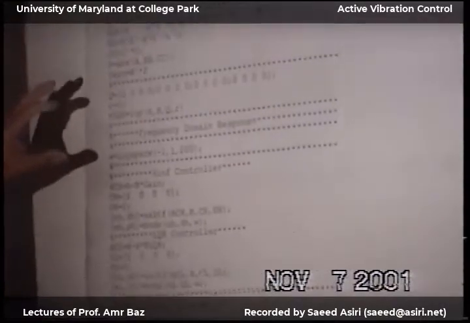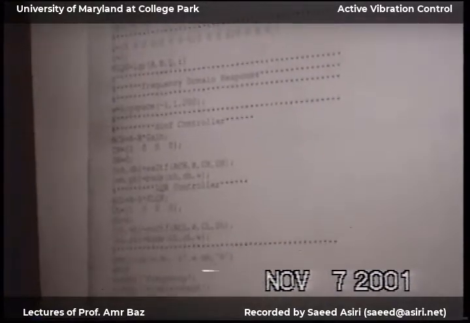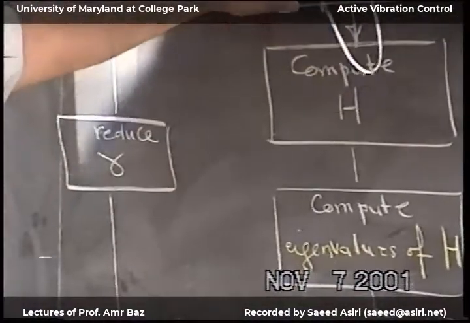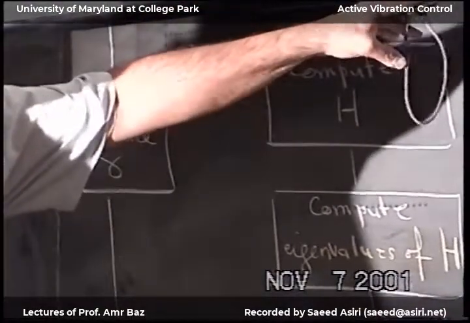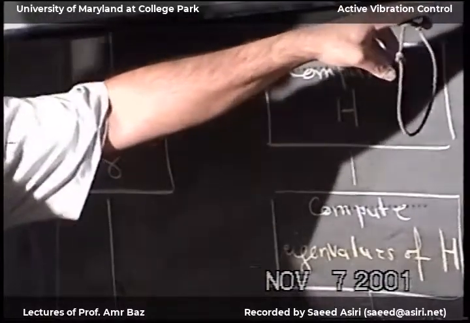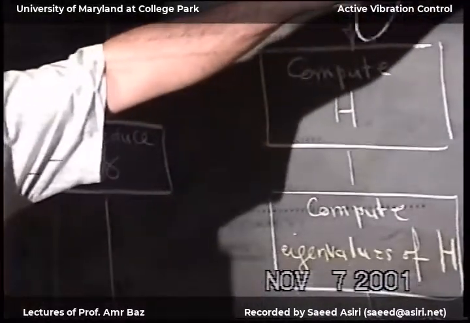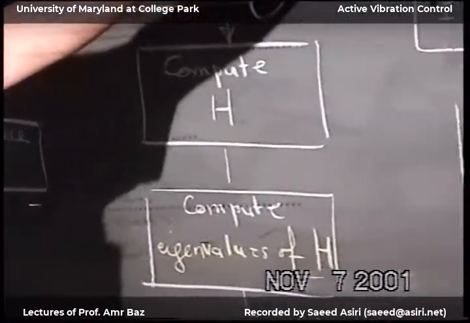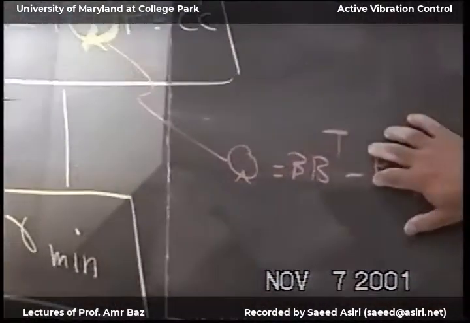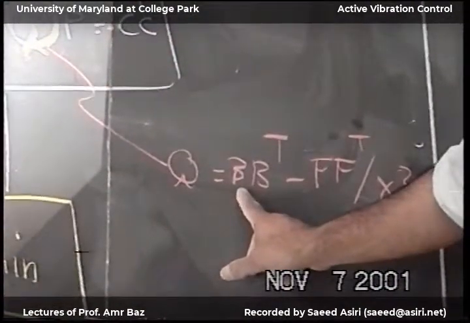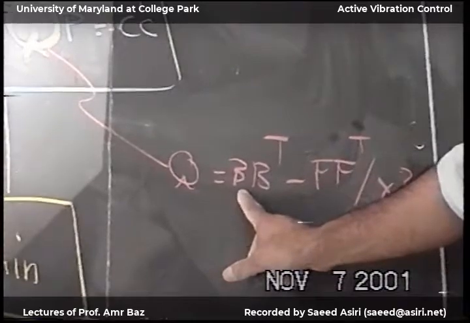Now I want to compare what we have with an LQR. In the LQR case, I don't have this term, and I have this Q corresponding to R equal to 1.